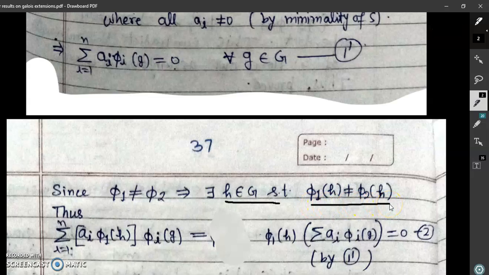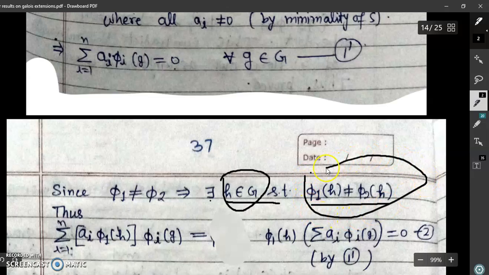Because if phi 1 h is equal to phi 2 h for all h, then phi 1 will be phi 2. This is the equality of maps. So phi 1 is not equal to phi 2. This implies that we have an element h in G such that phi 1 h is not equal to phi 2 h. Okay, we use this result.